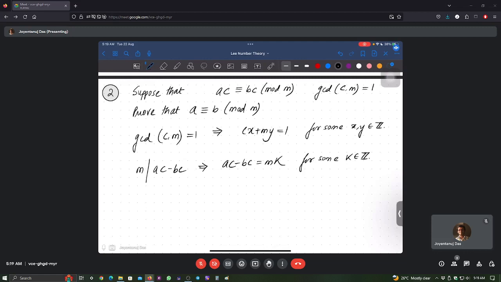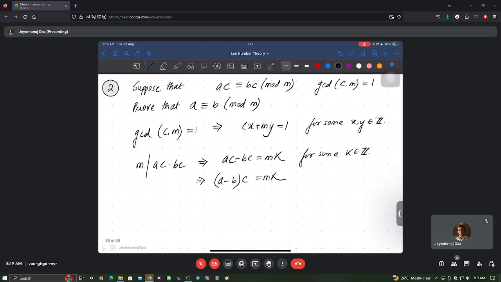How will you replace that if you factor C? From there we can say that M is a divisor of A minus B. No, how will you say that? We cannot say that, because M is on the other side.